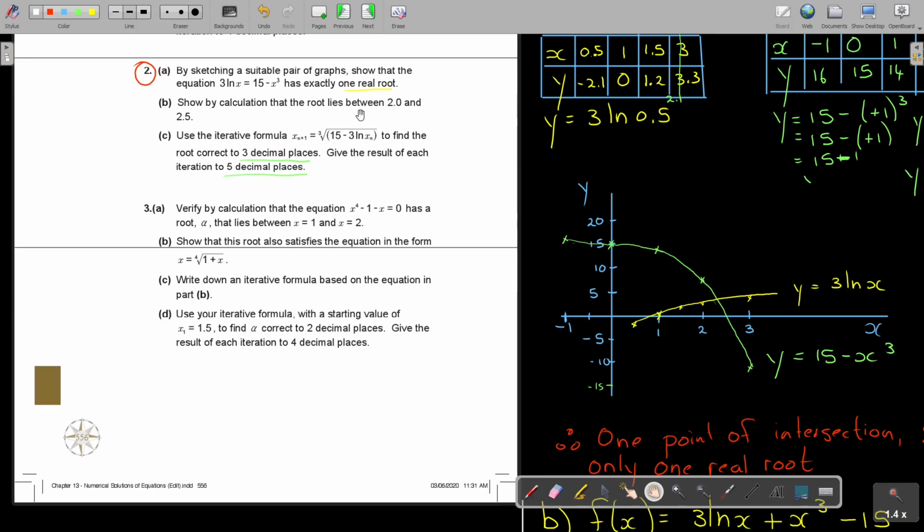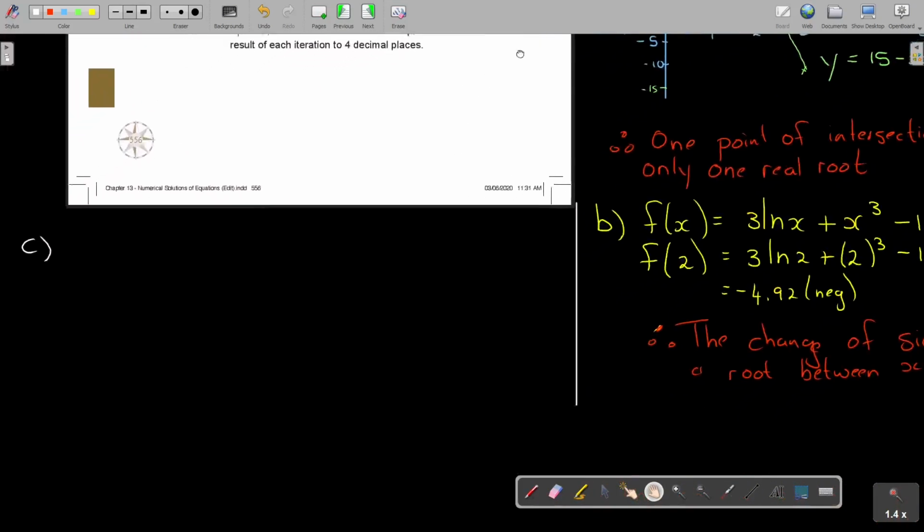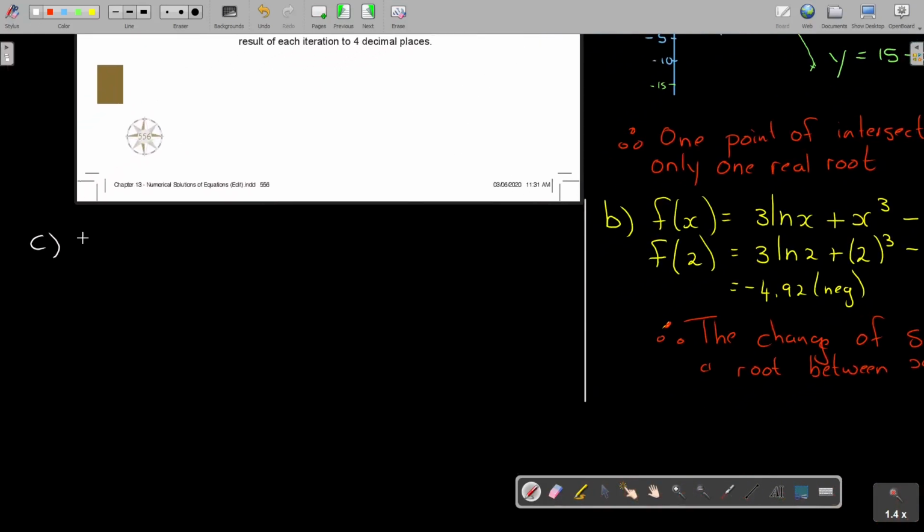Now remember, they don't tell you the starting point, but they told you the root is between 2 and 2.5. So you can take 2, you can take 2.1. The middle will be 2.25, but I think rather take 2.3. Okay, let's try. It's not going to have an influence.